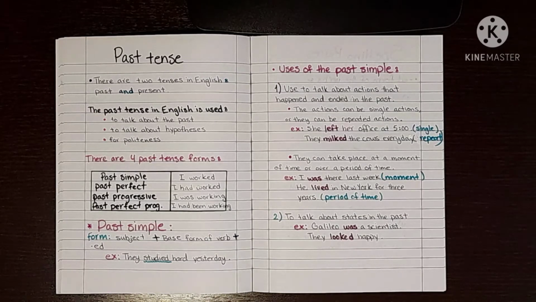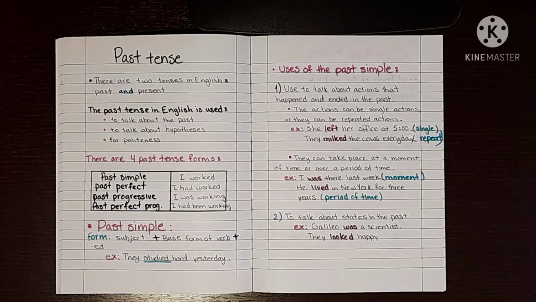So we use the past simple to talk about things that happened in the past, to talk about hypotheses, and for being polite. Of course, in the English language, there are four forms of the past tense. We have the past simple, the past perfect, the past progressive, and the past perfect progressive.